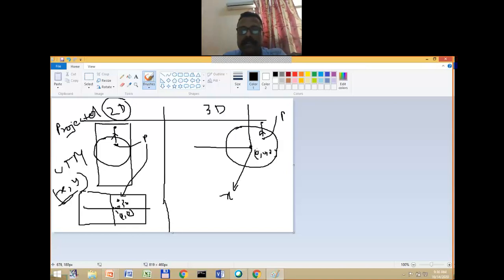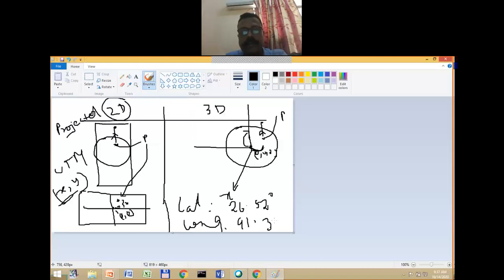This is known as latitude. Then again, how many degrees you have to come along the y-axis or the z-axis, that will be the longitude. My latitude will be given in terms of degrees, suppose 26.52 degrees, and my longitude will be 91.35 degrees.